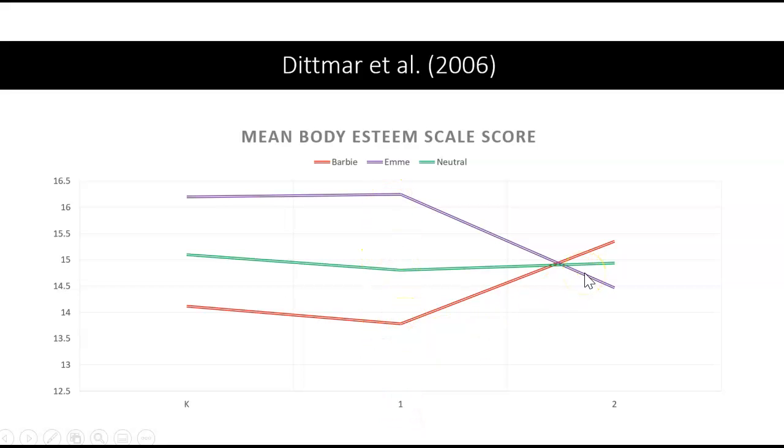Same for the first graders, same pattern for the first graders. And then you get this weird reversal in the second graders. So we're still talking about very young girls. One of the interesting things that you're looking at when trying to interpret these results is that you have the widest difference with the youngest kids, where you're getting the biggest boost from looking at the Emmy doll, but you see a collapsing of those findings and even a slight reversal with the older kids.